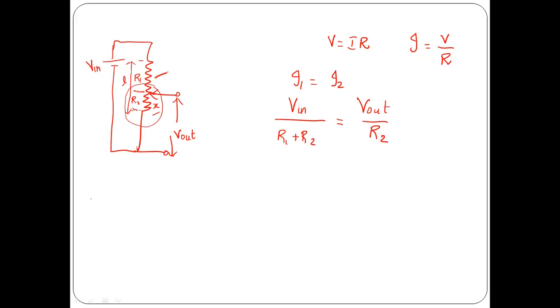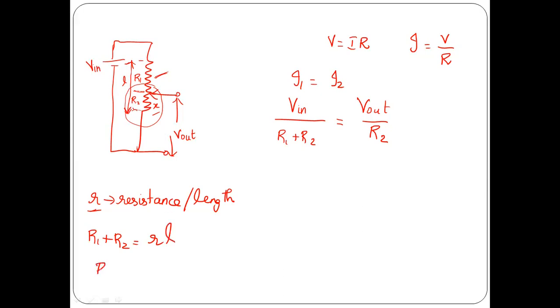Now let's assume small r to be the resistance per unit length. R1 plus R2 is the resistance of this complete wire, and the length of this complete wire is L, so R1 plus R2 would become rL.